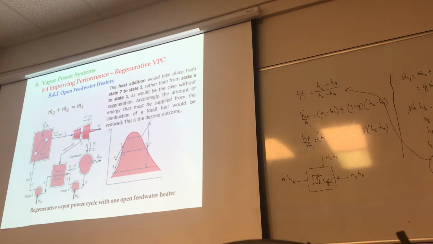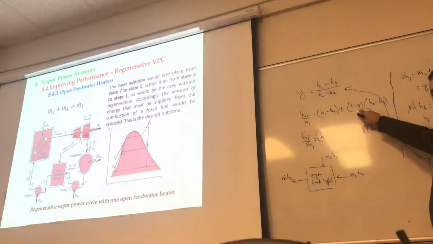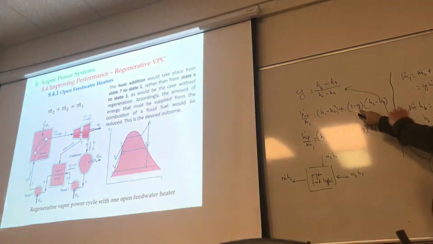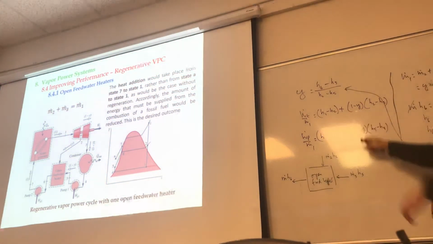Look at how WT over m is equal to, isn't it true that it's h1 minus h2? First of all, that's how much you're getting through the first stage turbine. It changes from h1 to h2, but now only a fraction goes from h2 to h3, not the entire thing. Just looking at the equation and the drawing, it makes a lot of sense, okay?